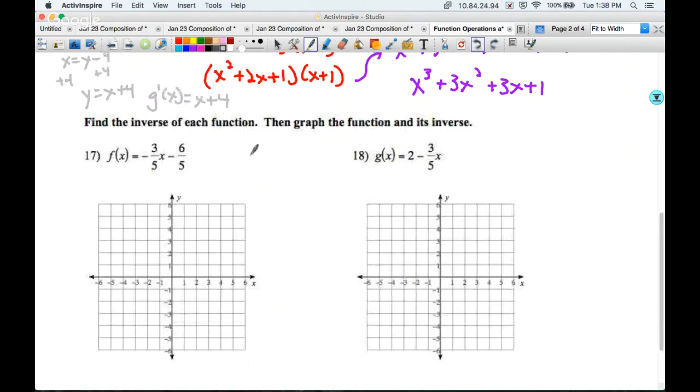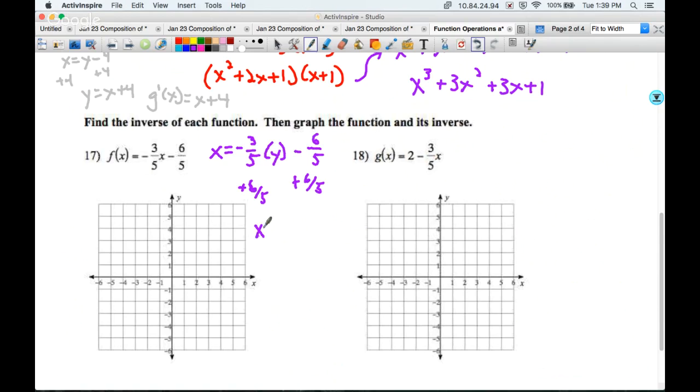Find the inverse of each function, then graph the function and its inverse. I'll just do one of these. We'll call it good. 17 looks like a little bit more tricky, so we'll do that one. When I find the inverse, I'm going to switch x and y. So this is going to become x equals negative 3/5 times y minus 6/5. Add 6/5 to both sides.